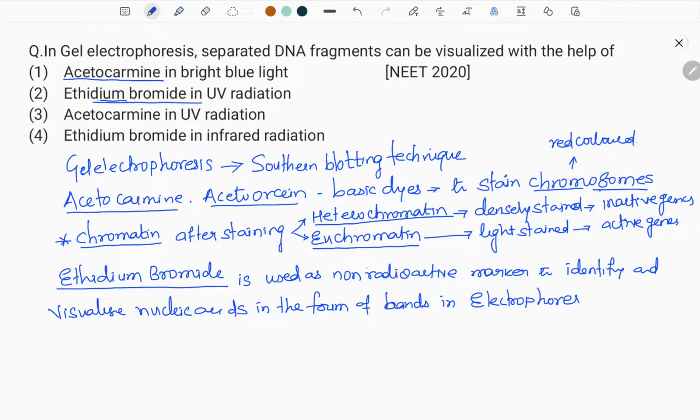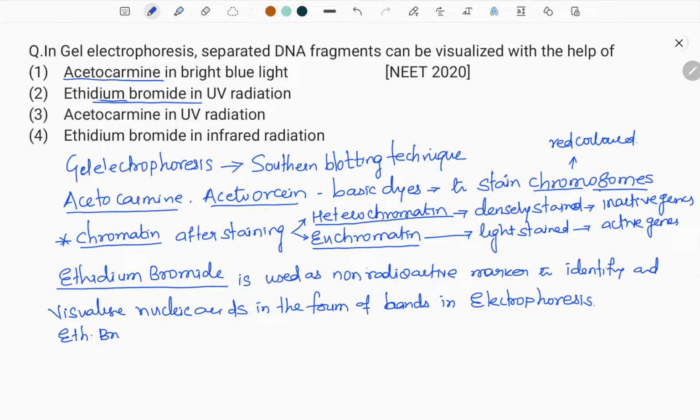Since we make use of agarose gel that provides sieving effect, we call it gel electrophoresis. So this is a crystalline non-volatile powder that is soluble in water. This Ethidium bromide fluoresces a red-orange color under UV light.